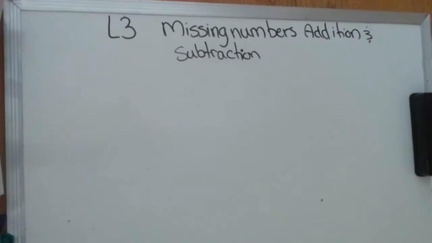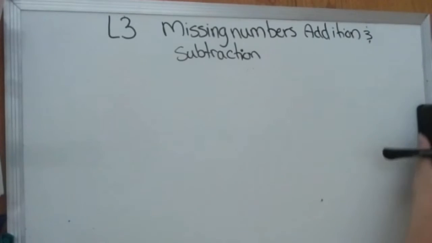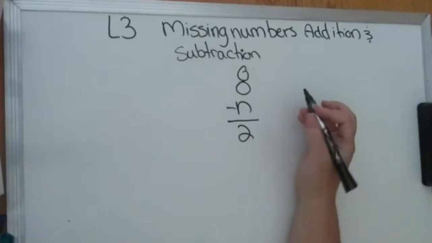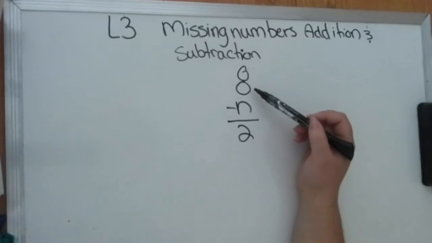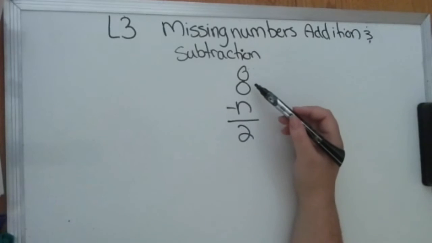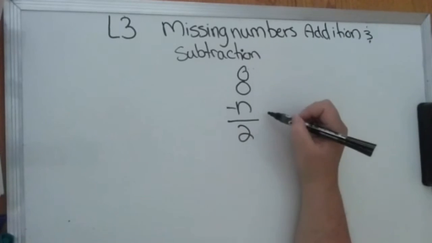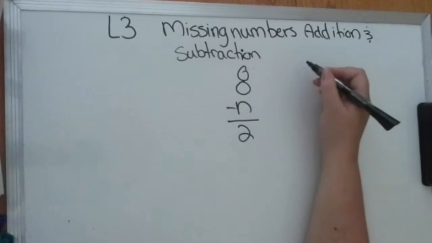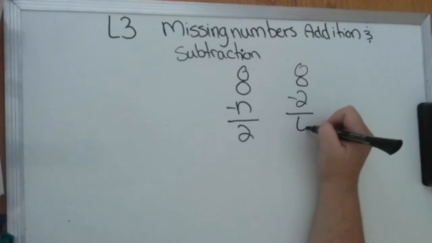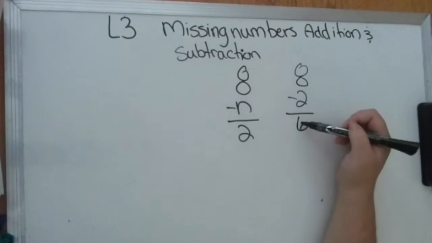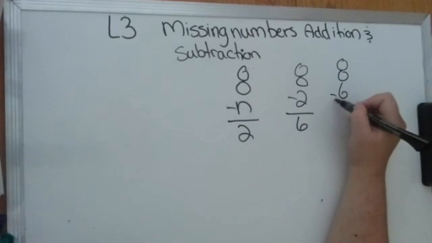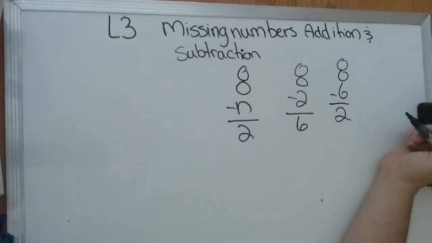For example, if you have 8 take away n equals 2, you cannot add 2 to 8. You will get a bigger number than 8. So in this scenario, you are still subtracting. I would take 8 and subtract 2 from 8, which would give me 6. N should now be 6, and I can check. 8 take away 6 equals 2.